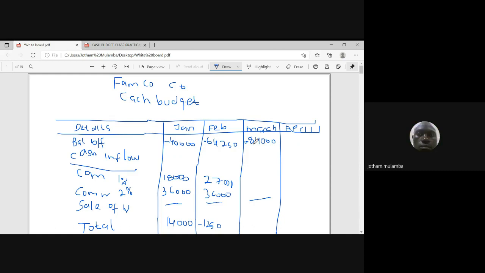We multiply by 180,000. 25 units times 180,000 is 4.5 million. So we get 1% of 4.5, which is 45,000.